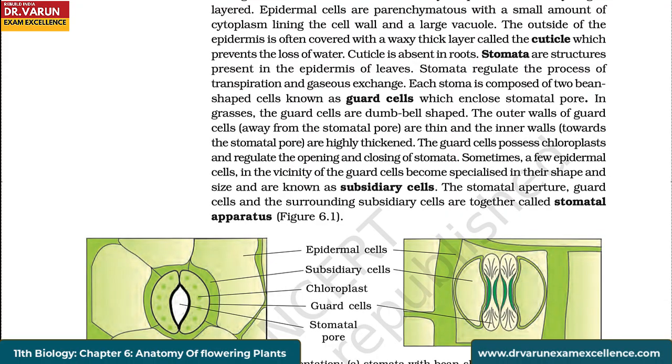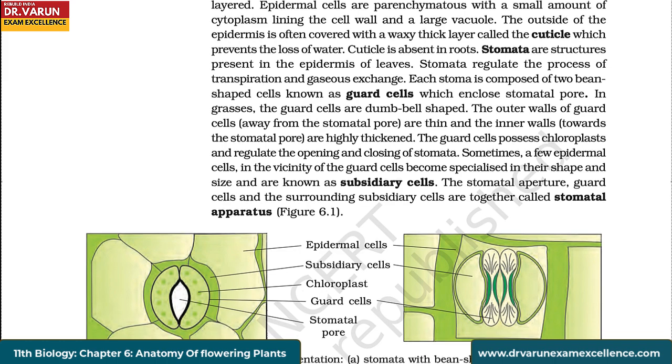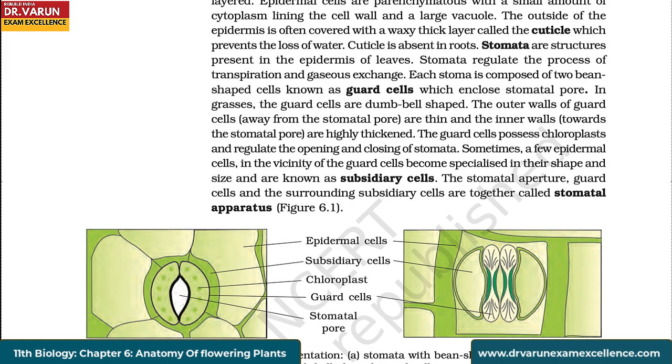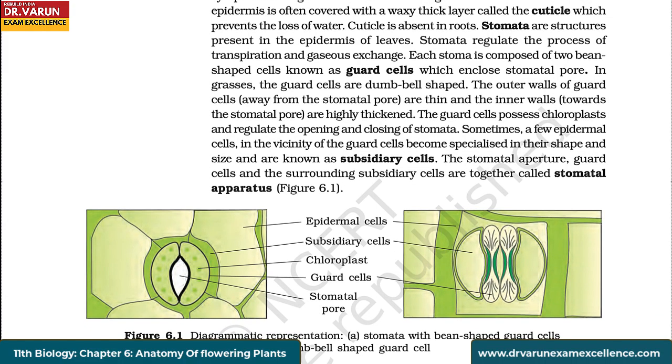Stomata are structures present in the epidermis of leaves. Stomata regulate the process of transpiration and gaseous exchange. Each stoma is composed of two bean-shaped cells known as guard cells which enclose the stomatal pore. In grasses, the guard cells are dumbbell-shaped. The outer walls of guard cells away from the stomatal pore are thin and the inner walls towards the stomatal pore are highly thickened.